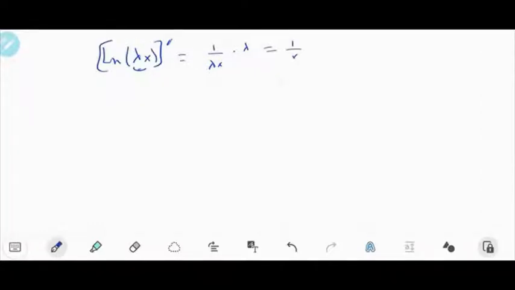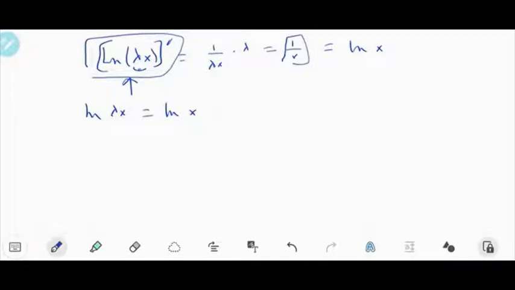And that's why, if the derivative of ln of lambda x is equal to 1 over x, then the derivative of ln of lambda x is the same as the derivative of ln of x. Then ln of lambda x and ln of x differ by a constant. So ln of lambda x is equal to ln of x plus some given constant c, right?